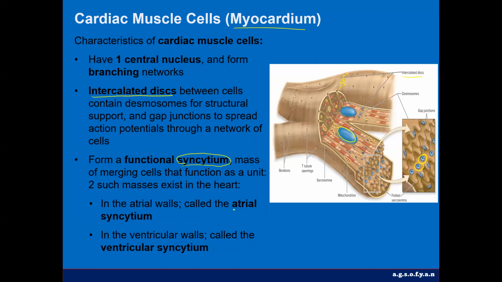In the atrial area, the syncytium is called the atrial syncytium, separating the right atrium from the left atrium. In the ventricular area, the syncytium is called the ventricular syncytium, separating the right ventricle from the left ventricle.